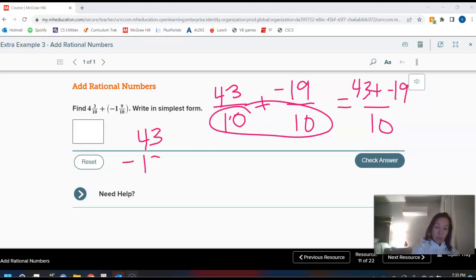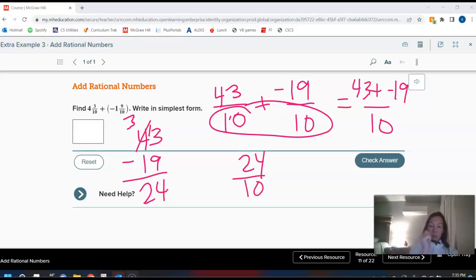Subtract those two. So this is going to be 13 minus 9, which is 4, and then 3 minus 1, which is 2. So that's 24, and since positive 43 has a larger absolute value than negative 19, then my answer is going to be positive. So this will be 24 over 10.